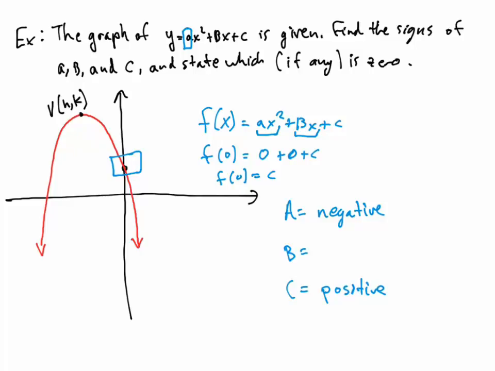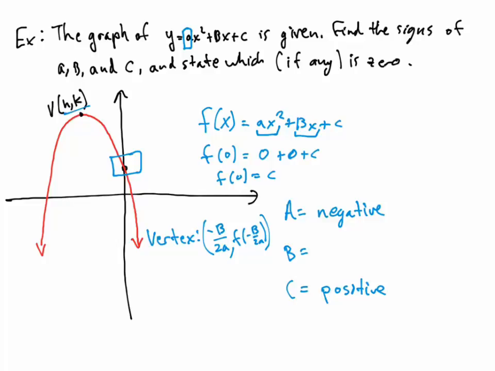Now, the b value is a little bit harder to determine here. The b value comes into play when we are finding the vertex, because the vertex can be written as negative b over 2a, comma f of negative b over 2a. And what we know about the vertex is that it corresponds to this hk point here.